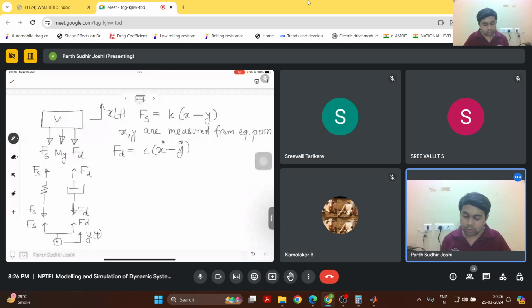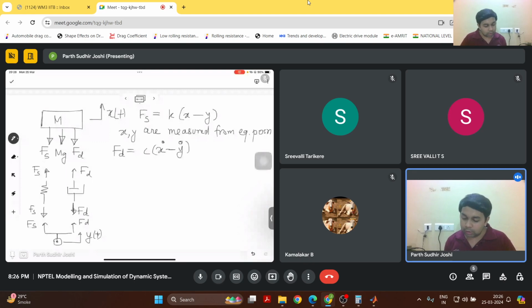So now with these expressions of the spring and damper force, we can now write down the equation of motion for this system. Since x and y are measured from their equilibrium position, we do not need to consider the force mg in the equation of motion.